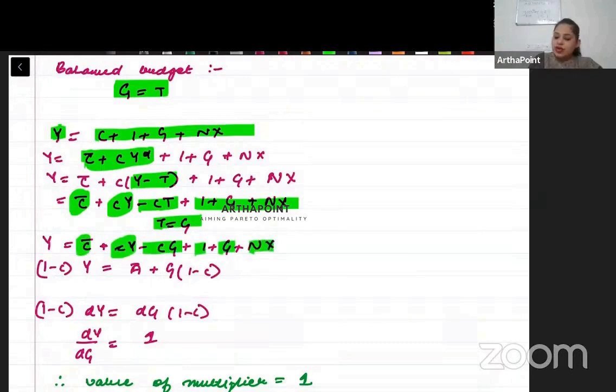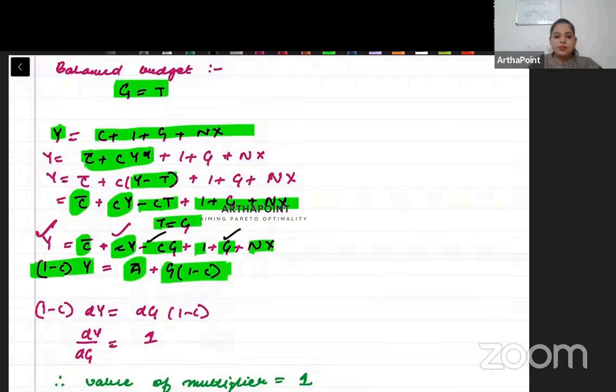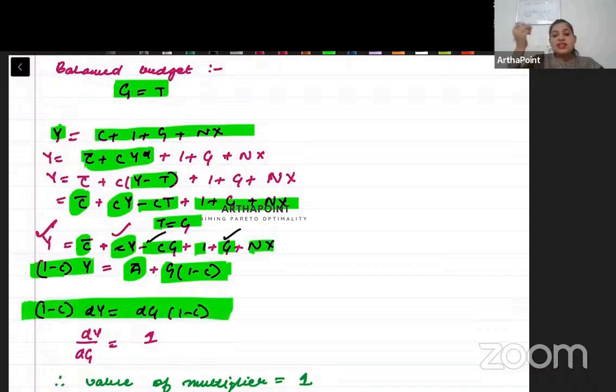Right. So you can bring all Y terms together. You will get (1 minus c)Y is equal to A bar plus G(1 minus c). How? You can bring these terms together and all other exogenous variables together. So you will get (1 minus c) dY is equal to (1 minus c) dG. So dY by dG will be 1.